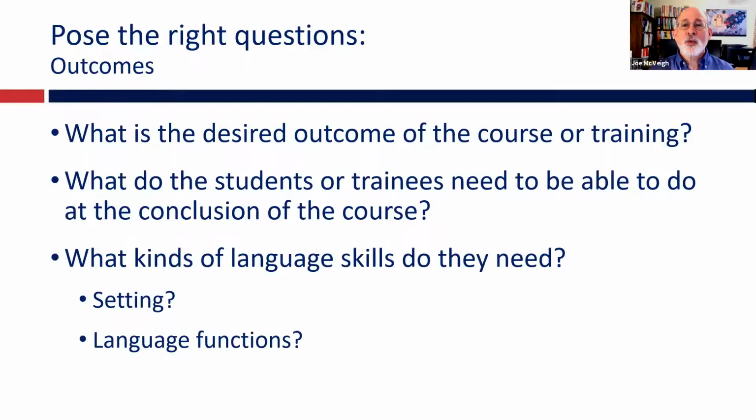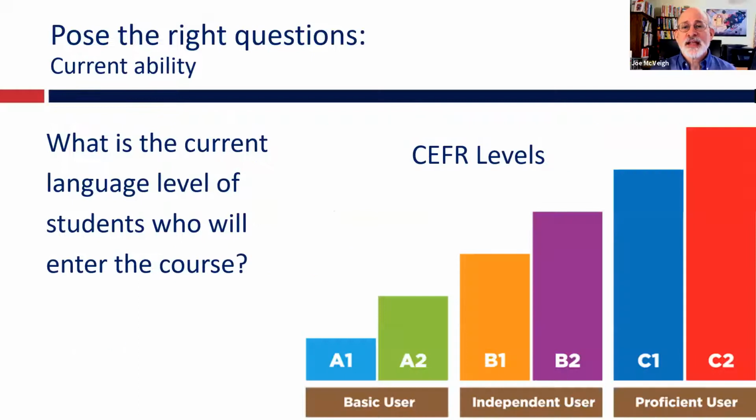Well, one way that we might think about this, as you'll see in our next slide, is a series of levels sometimes called the CEFR, which stands for the Common European Framework of Reference for Languages.